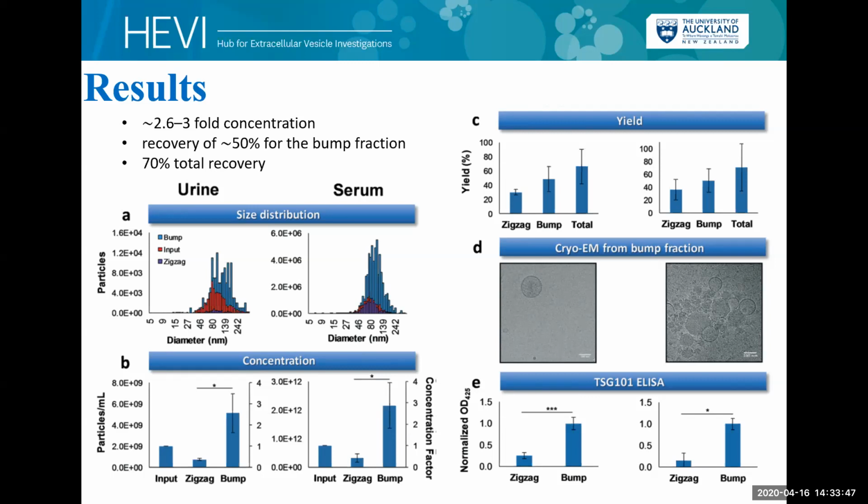Yeah, I would think most of it would come out in the zigzag fraction with the bulk of the fluid, because typically they're smaller from what I understand. But if it's somehow associated with the EV, then it would come out with the EV and deflect over into the bump fraction. So I'm not really sure. I don't know enough about lipoproteins, honestly.